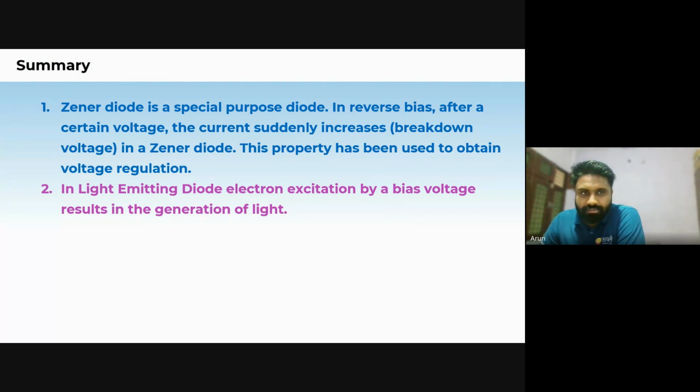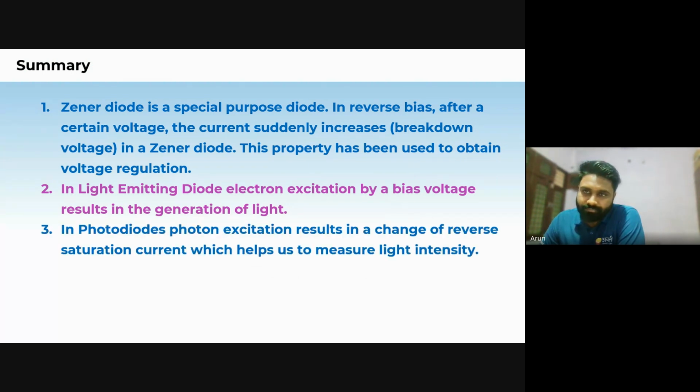In photodiodes, photo excitation takes place, which means the photons coming to the diode will excite the electron-hole pair, and it will conduct electricity. The more photons that come, the more the value of current. Okay, so the intensity is directly proportional to the current here.